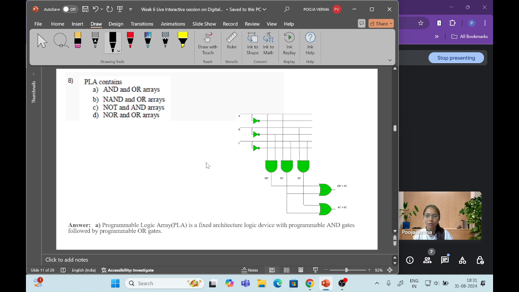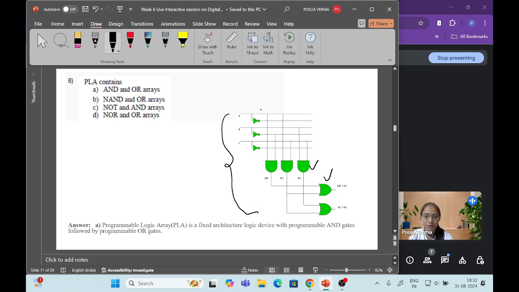Yeah, in the programmable logic array, what is the structure? It has a programmable AND gate and programmable OR gate. Okay, that's why it is called programmable logic array. It contains programmable AND gate followed by programmable OR gate. This is the structure of a PLA.